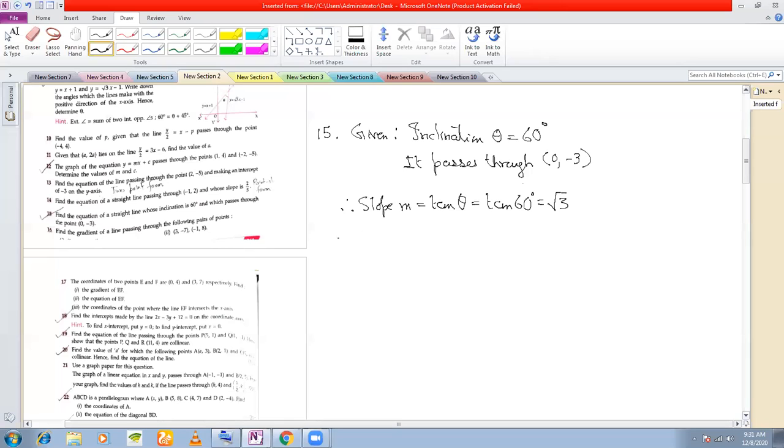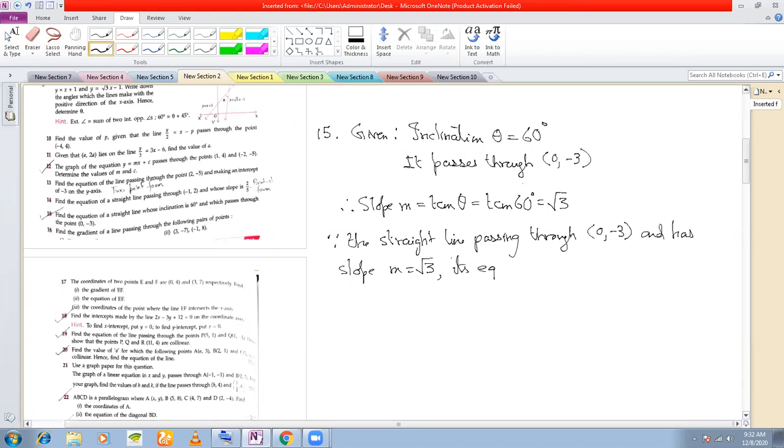Since the straight line passes through (0, -3) and has slope m = √3, its equation is y - y1 = m(x - x1).